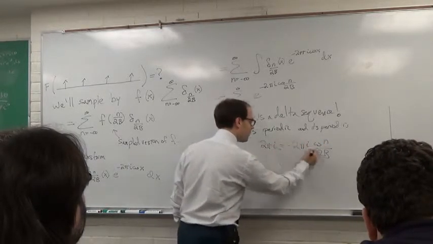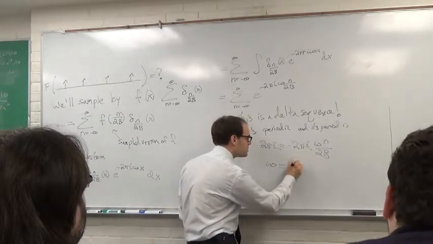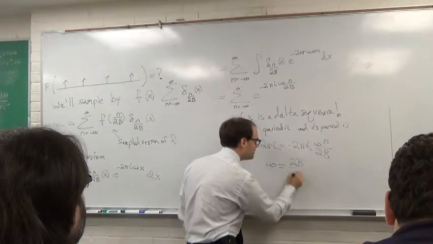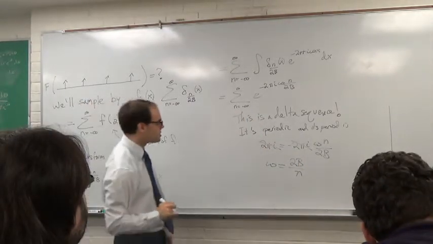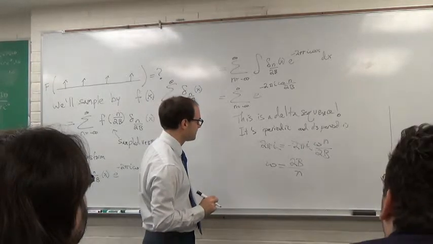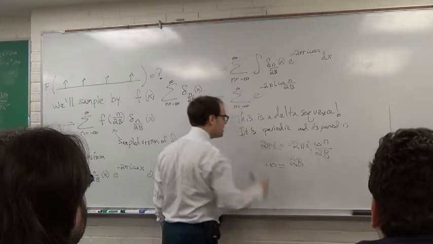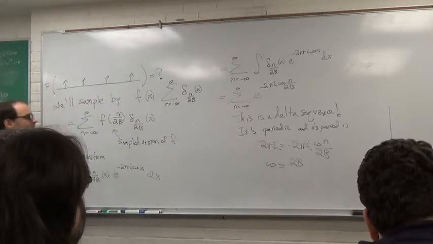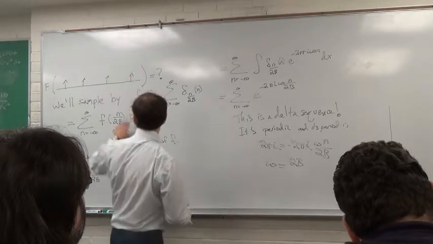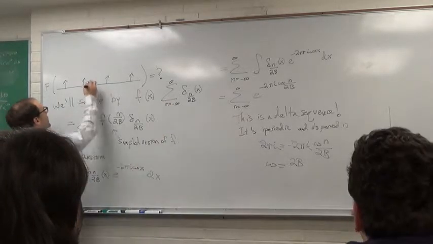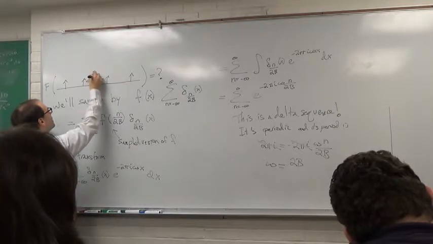So let's cross all that stuff out, and it's whenever omega is equal to 2b over n. And the smallest such of these, they all get bigger and bigger, the smallest is when n is equal to 1. So that's the period.